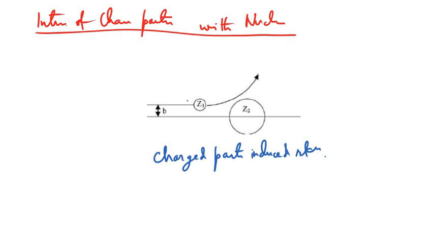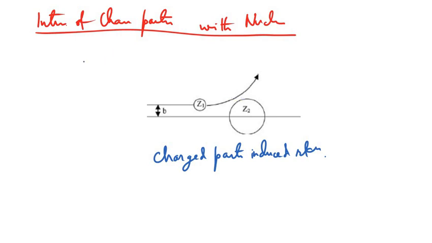Now, as the charged projectile approaches the target nucleus, it feels the long range Coulomb force, and as a result it is deflected. Now, as a consequence, the range of collisions corresponds to a smaller range of impact parameters.